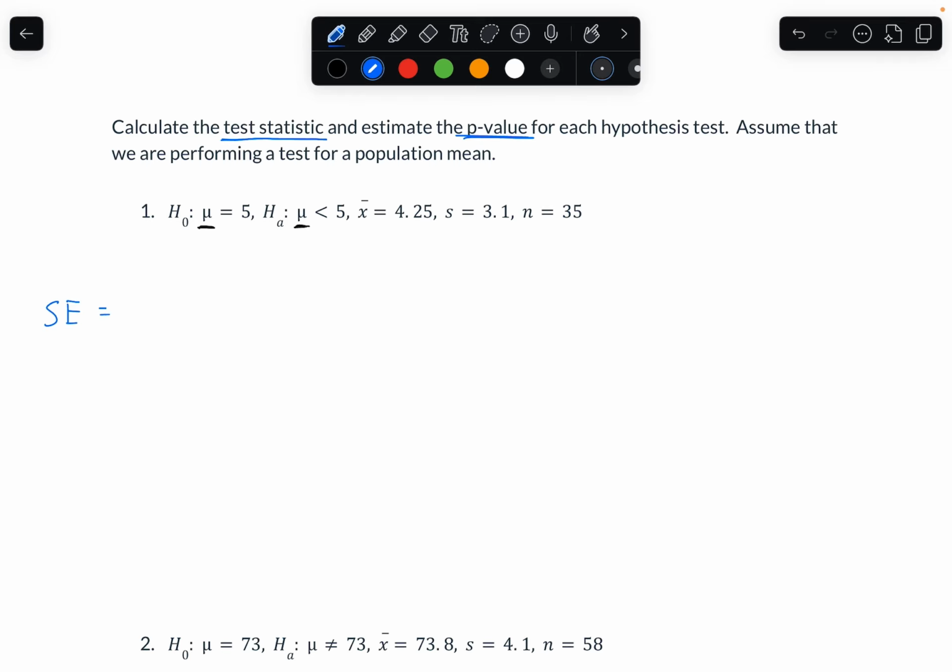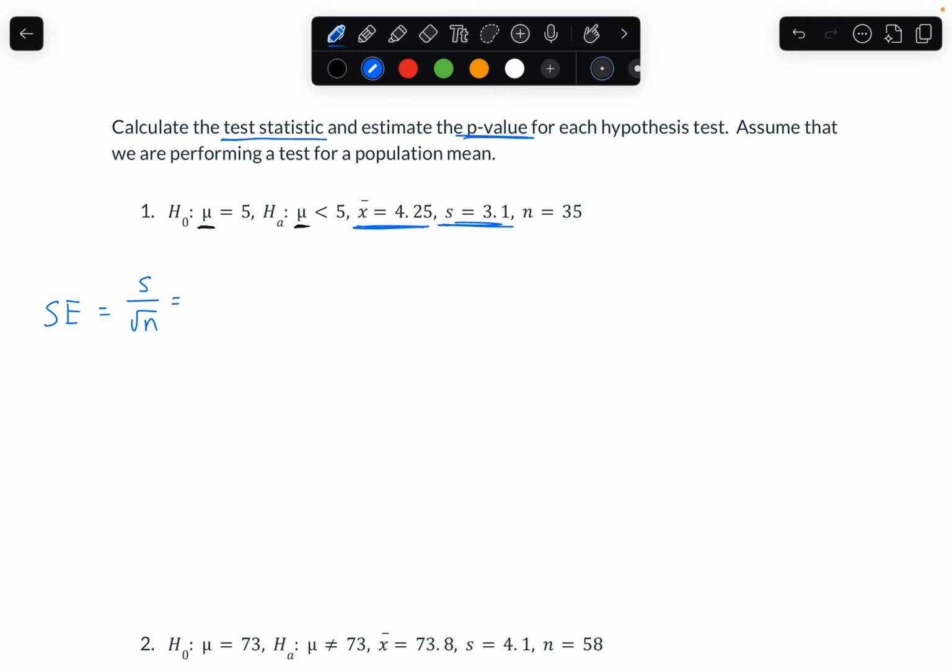And from the central limit theorem for means, we know that the standard error is s divided by square root of n. So this information should either be provided to you in the problem, or we may need to use our graphing calculator to find the summary statistics like the sample mean and the sample standard deviation. We'll see an example like that coming up in a hypothesis test in a little bit, but for now we're just going to use the information that's provided.